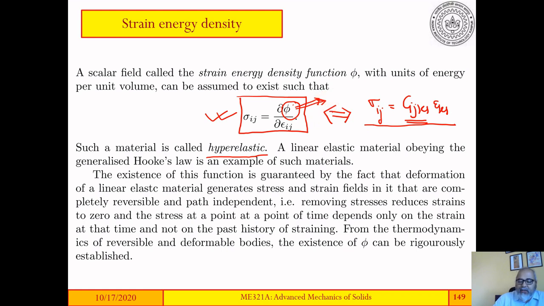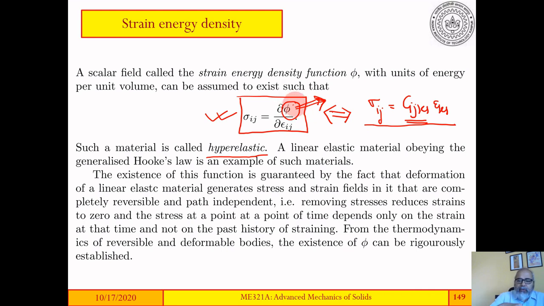Phi can be some other function of strain, and indeed materials which do not obey linear elasticity, which are non-linearly elastic, for example rubbers and very soft materials like biological tissues, do have strain energy density functions which are not quadratic functions of strain. However, in this course, since we are dealing with linear elasticity only, we will only consider cases where phi is a quadratic function of strain.